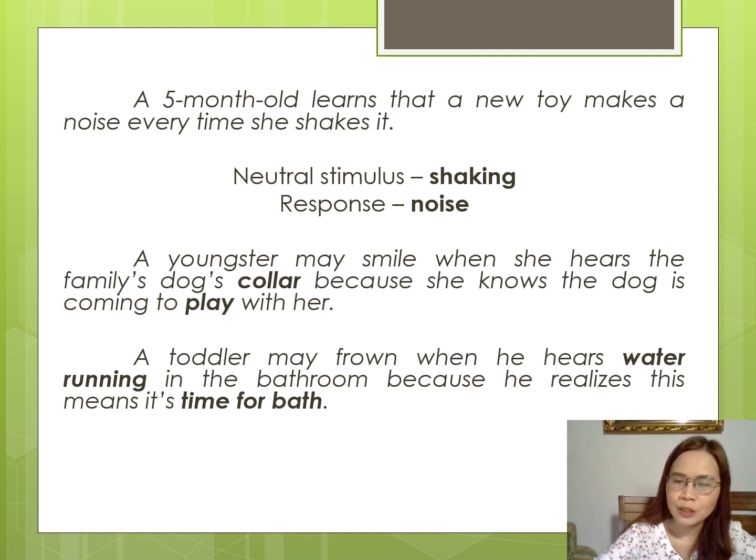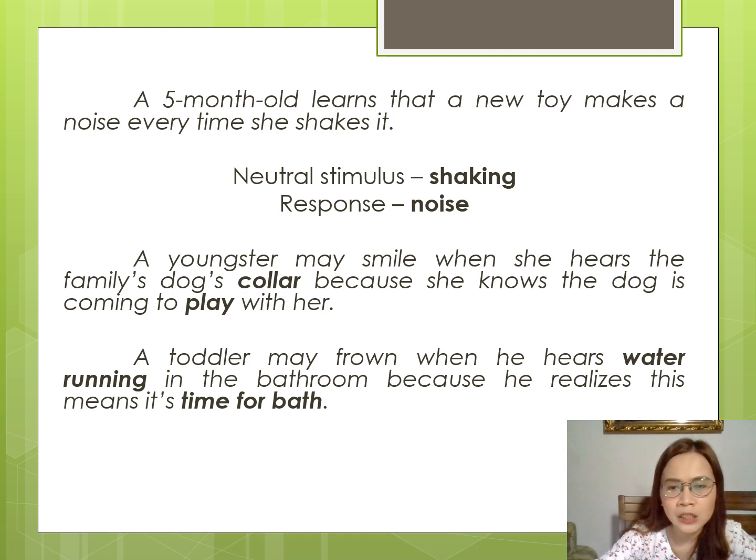So, ano napansin nyo? Sa classical conditioning, merong tinatawag na association of events, di ba? Ina-associate natin yung collar dun sa playing, di ba? Yung shaking dun sa noise or dun sa sound na minibigay ng toy. Yung salivation ng dog, no? Or yung bell pala dun sa food. Kaya nagsalivate.